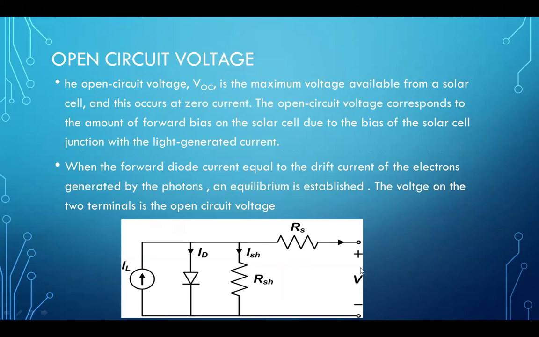Then I connect my cell to a voltmeter. Inside it, the voltmeter has a very high resistance, so the voltage I measure is the open circuit voltage, because we don't have any load but we have a very high resistance.